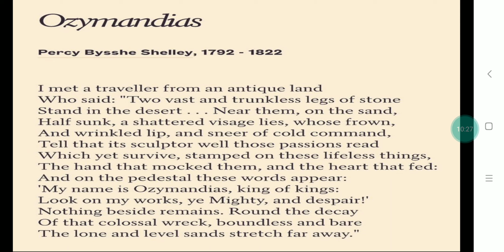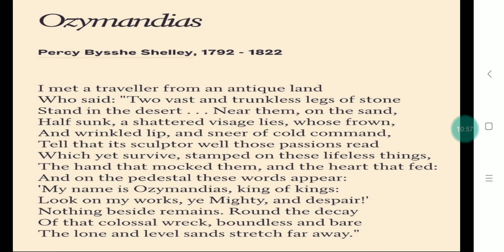Got it? So this is all about the poem. So in this poem, what is the poet trying to tell us? He is trying to tell us that no matter how much we gain in life, no matter how much we do in life, at last we leave everything and go, because we came to this earth without bringing anything, and we will leave this earth without taking anything.